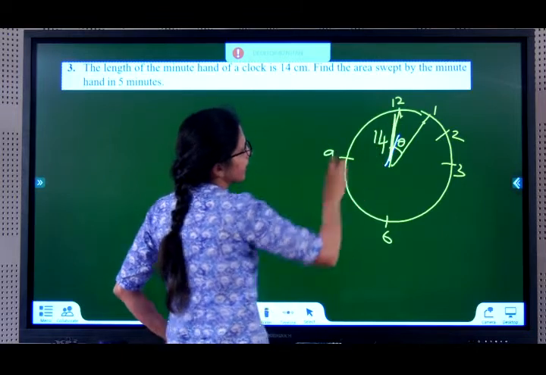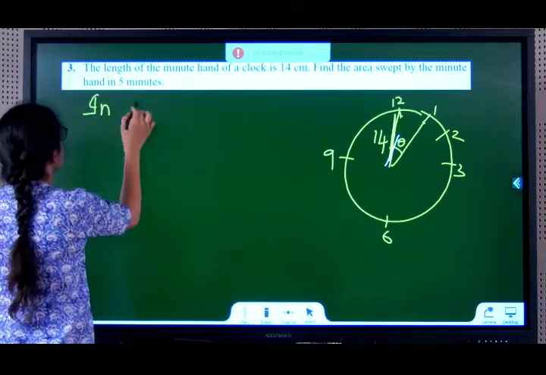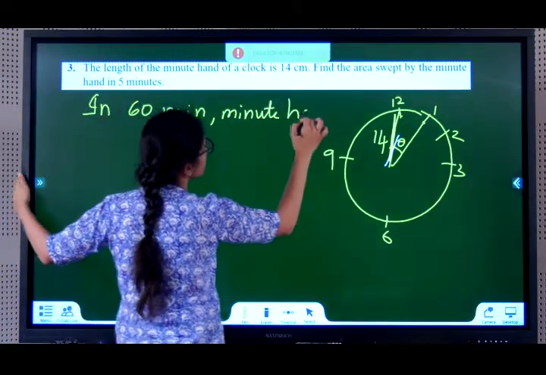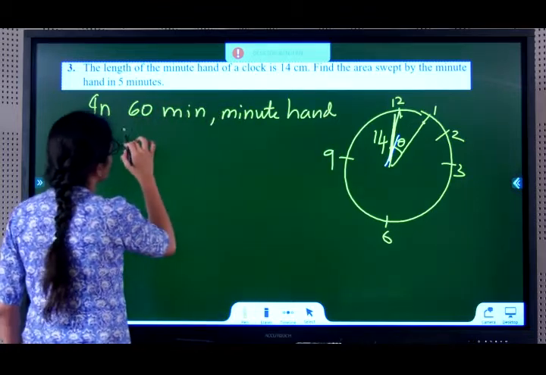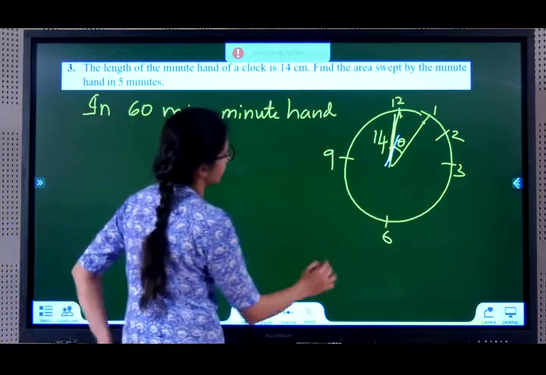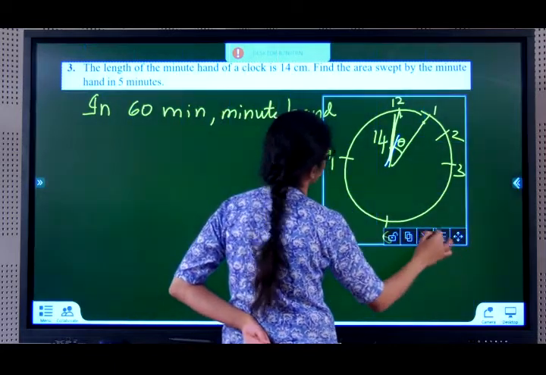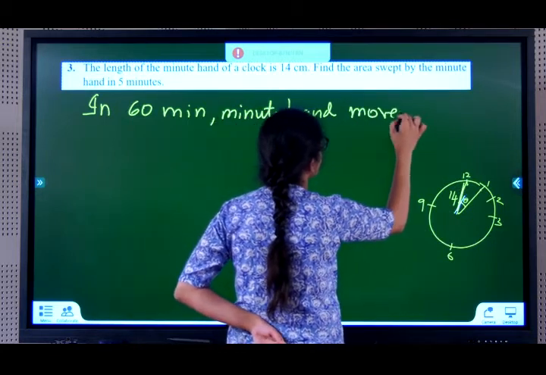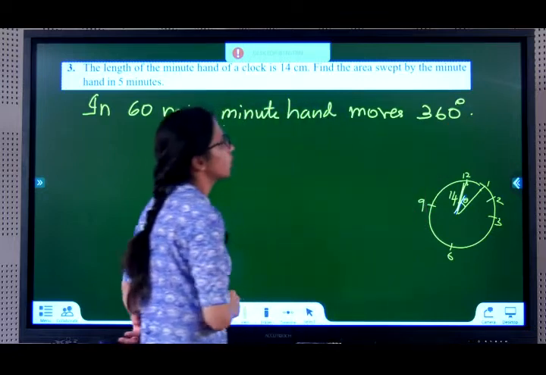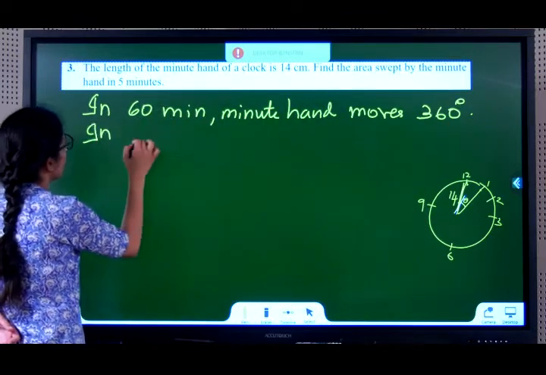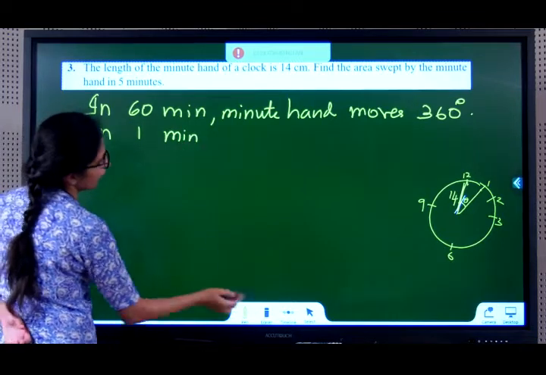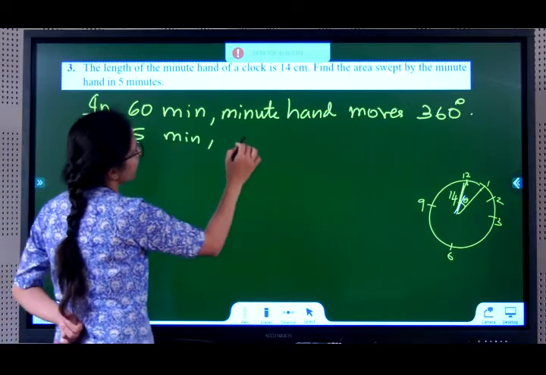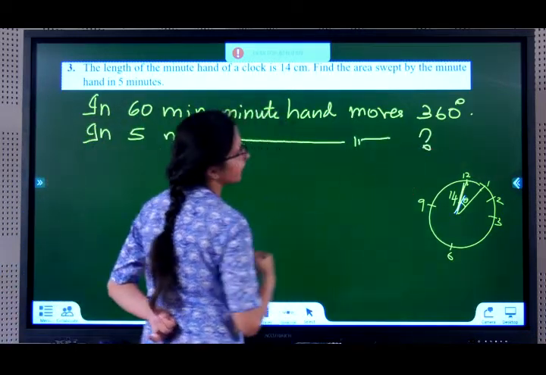In 60 minutes, the minute hand moves 360 degrees. Therefore, in 5 minutes, how many degrees will the minute hand move?